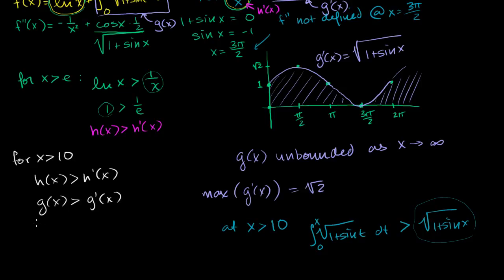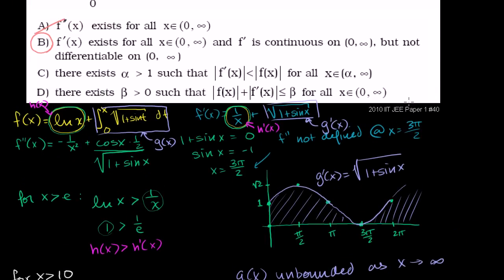So we know that f of x, which is equal to h of x plus g of x, is going to be greater than f prime of x, the sum of the derivatives, which is equal to h prime of x plus g prime of x. So we know that this is true. We can make alpha equal 10, and this thing is going to be true. Now let's do part D.